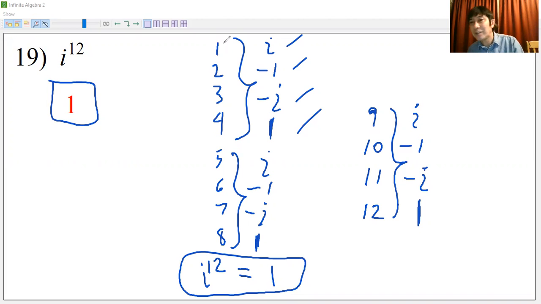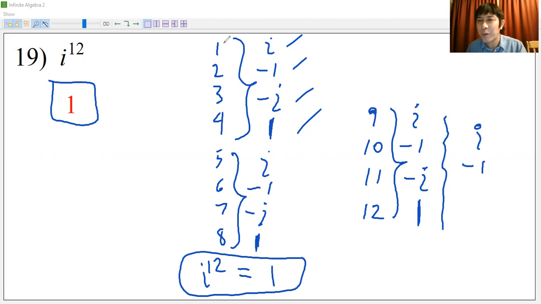Now, how do you get the others, like I, negative 1, and negative I? If there's a remainder 1, then it's I. If there's a remainder 2, then it's negative 1.